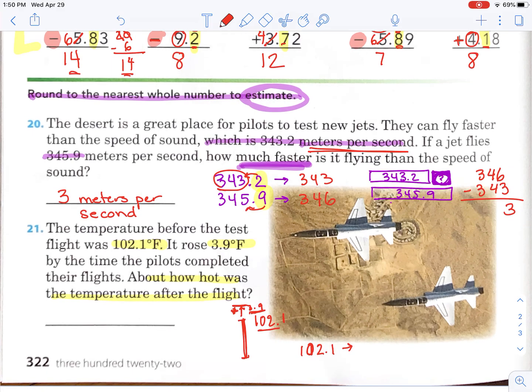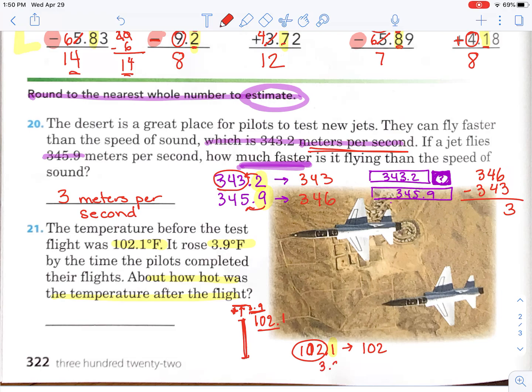Look at that bossy one, 102.1, it rounds down to 102.